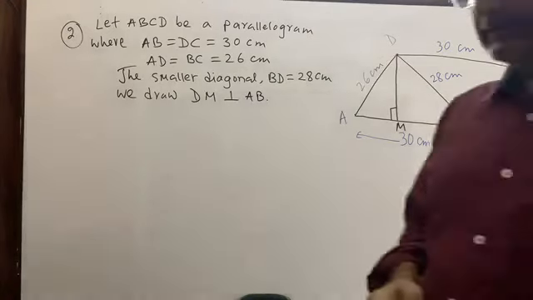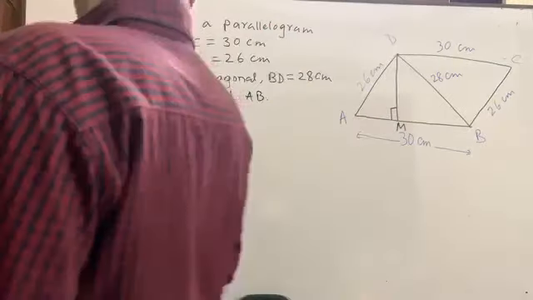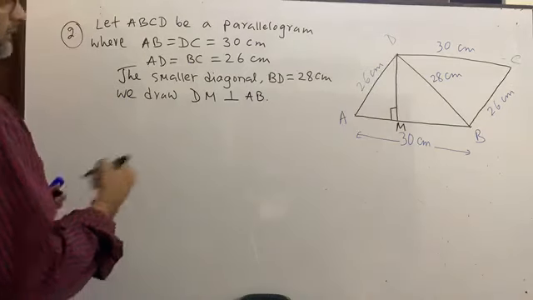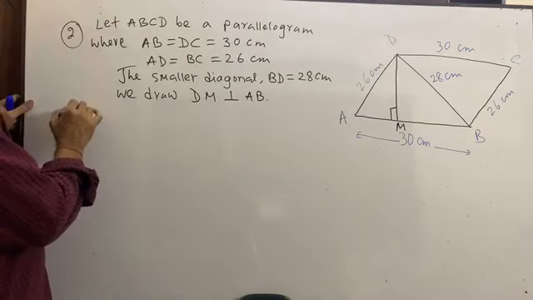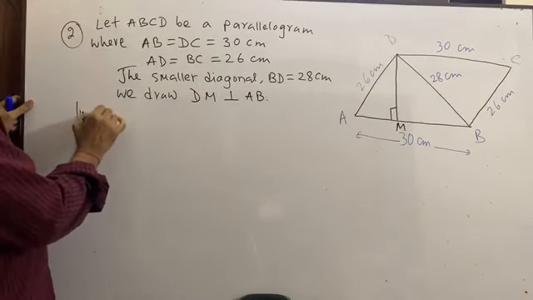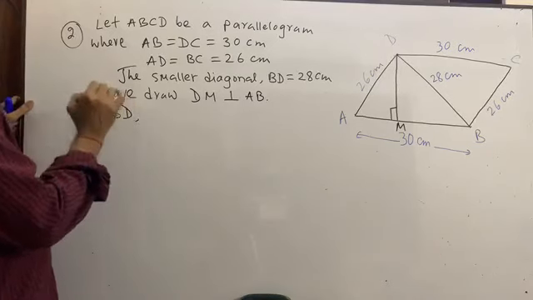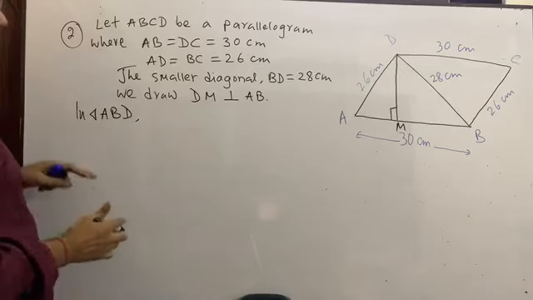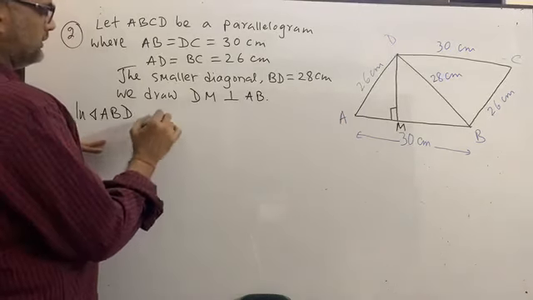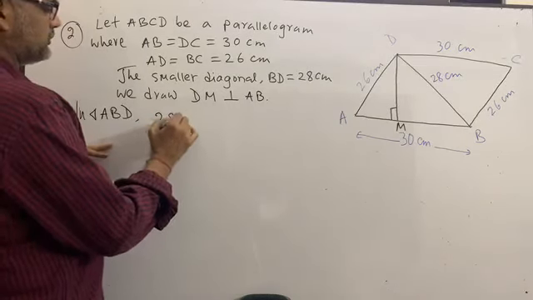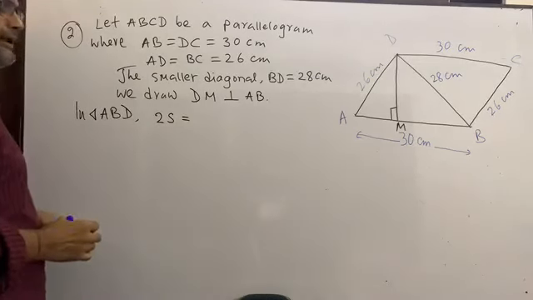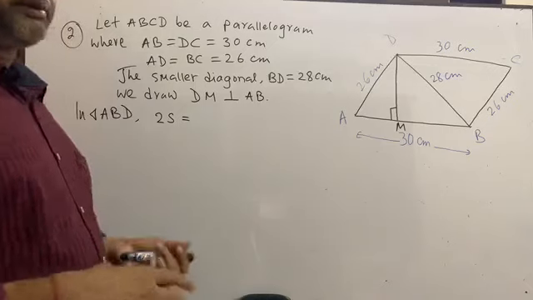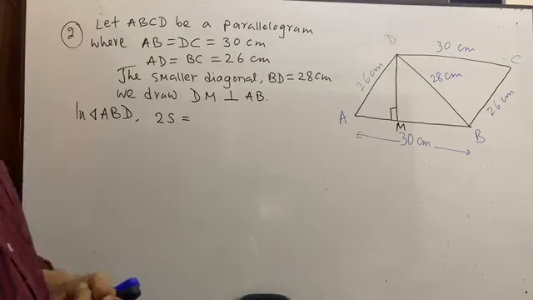Okay? Very good. In triangle ABD, write down. In triangle ABD, have you seen triangle ABD? Twices. Do you know the meaning of twices? Twices means the perimeter.